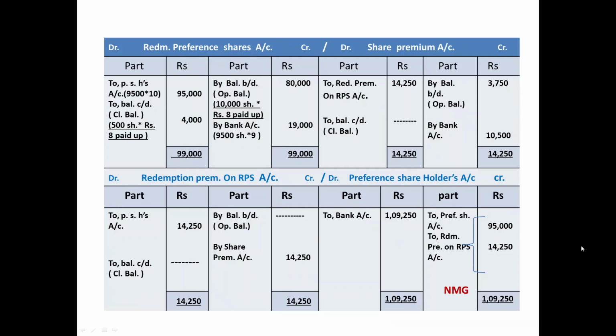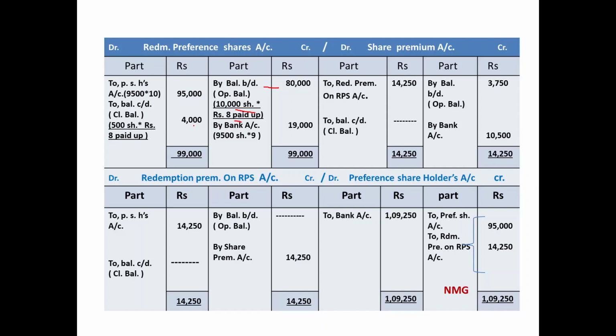Preference share capital. There are so many ledger accounts for this RPS related process. See, opening balance 80,000 given in the balance sheet. 10,000 shares, 8 paid up. Have a look, this is very important.